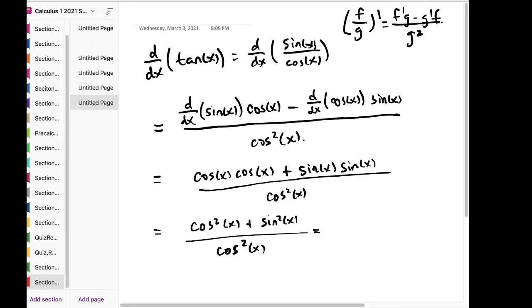This is an identity rule. Which identity rule is it? It's equal to something. Yes, it's a Pythagorean identity. Correct, it's 1. Right, this looks a lot like the Pythagorean formula.